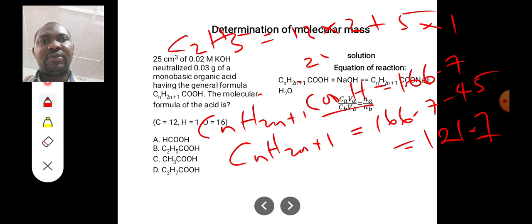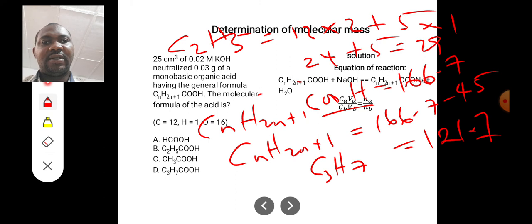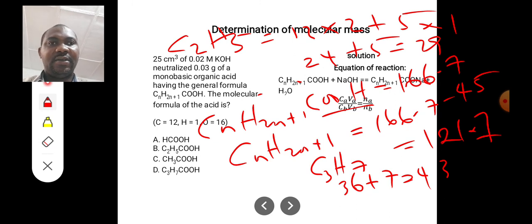That will give us 24 plus 5, which is 29. It is not that either. D is C3H7. That's 12 times 3, 36, plus 7. This is 43. It is not D either. So obviously the question is either I didn't write the right question, but that is how to go about it. You can learn from that.